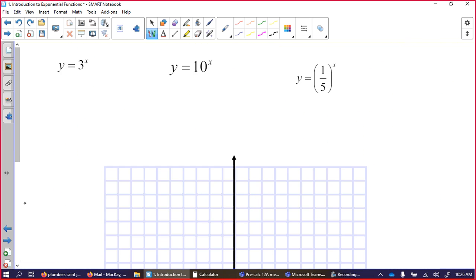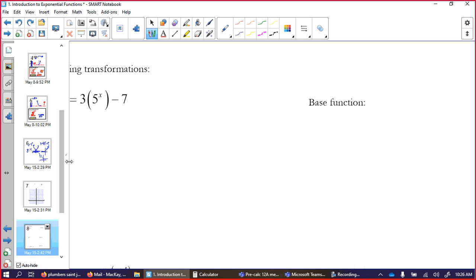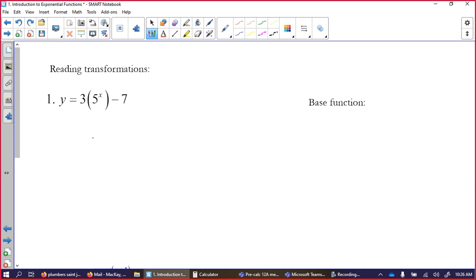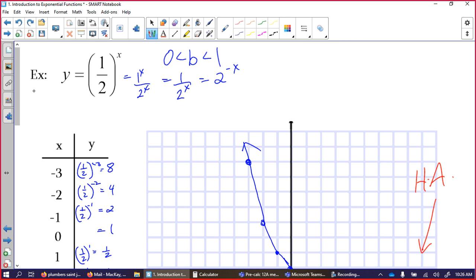Tomorrow we'll look at just the quick shape of those, transformations, and potentially some graphs, but really just reading transformations and go from there. So that's kind of my spiel for today.